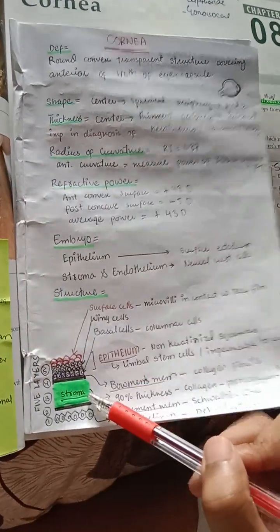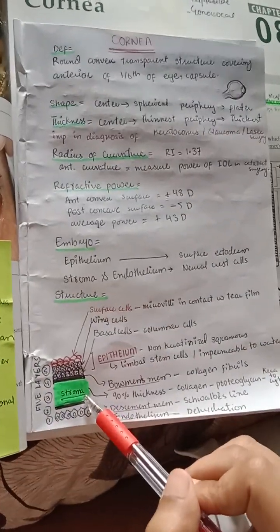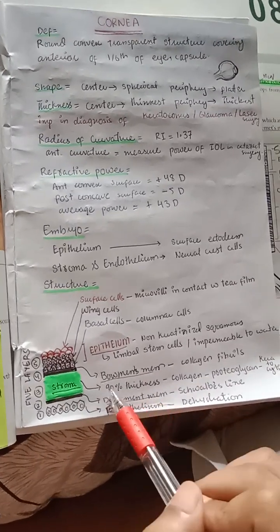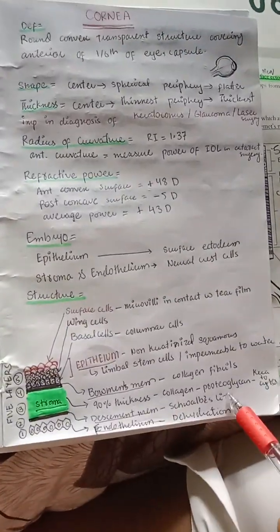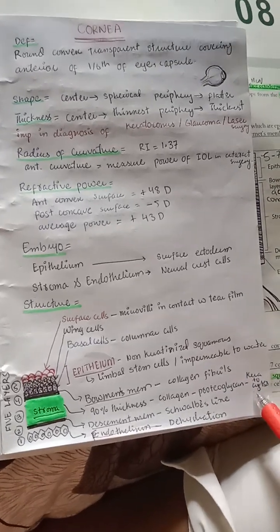Next to the Bowman's membrane there is the thickest part of the cornea, known as the stroma. 90% of the thickness of the cornea is due to the stroma. It is made up of collagen, proteoglycan, and the fibroblasts, the keratocytes.